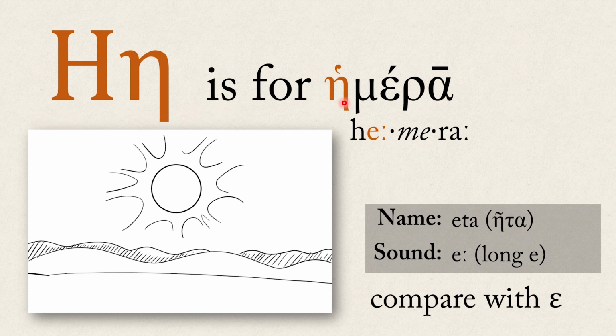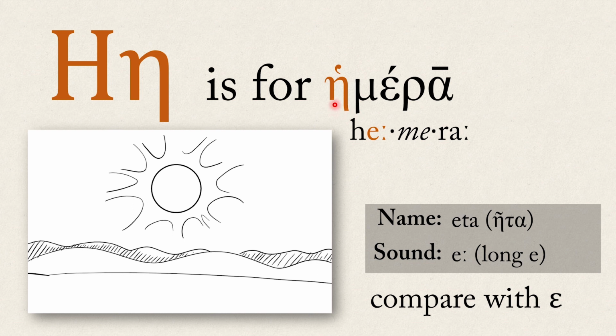E is for hemera. The letter name is eta. Note the rough breathing mark at the start of hemera.